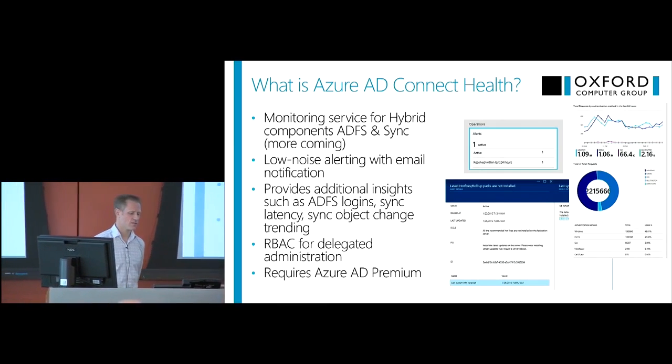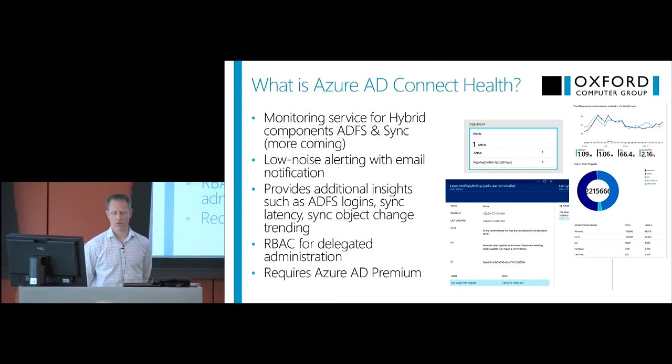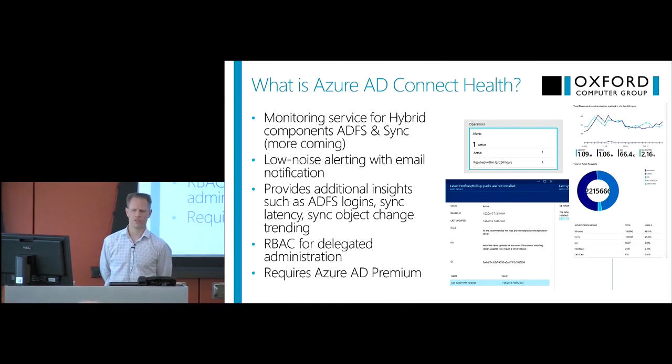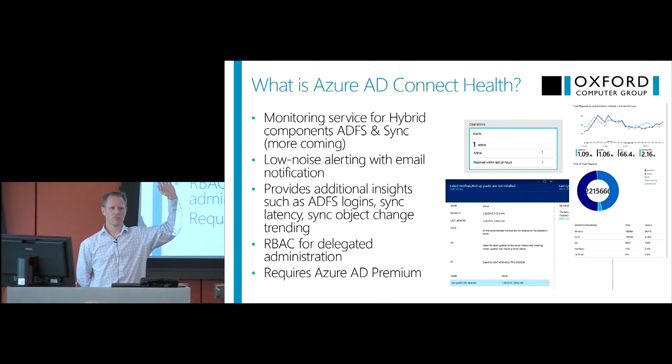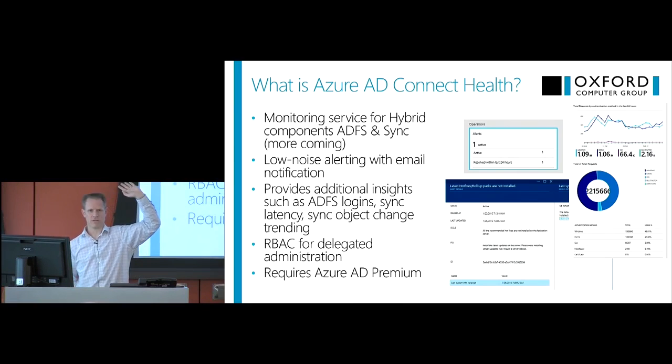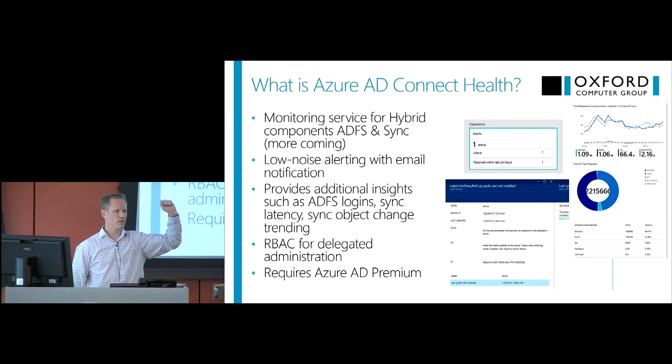So you get this with, it's a premium service, as is App Proxy. How many people are familiar with AAD and its pricing models? As few as those. How many people have heard of the basic and premium offerings that we have within AAD? Okay, perfect. So this is one of the premium offerings.